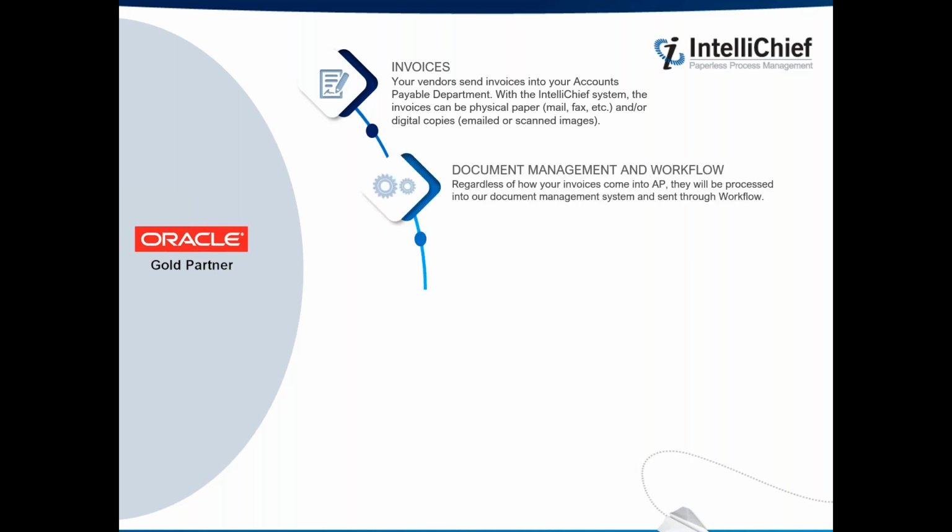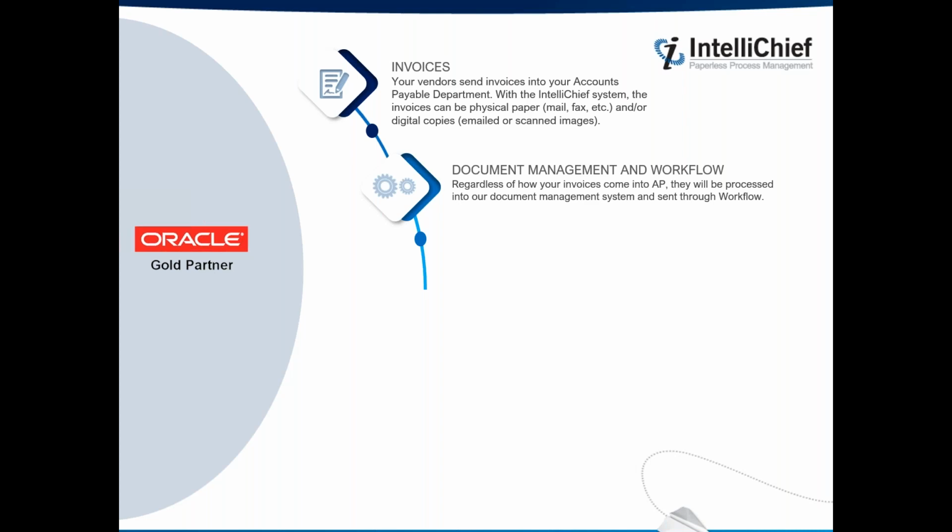So once that invoice is an image within the IntelliChief system, you really have two things working simultaneously. That invoice is stored in the document repository within IntelliChief, so you have instant access to it. You can see the history associated with it, full audit and tracking, and it really becomes your electronic filing cabinet, moving away from paper-based filing.